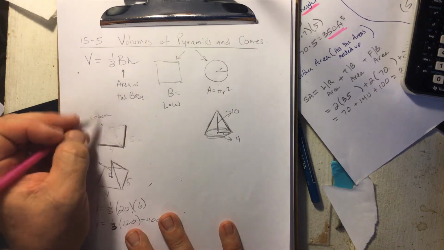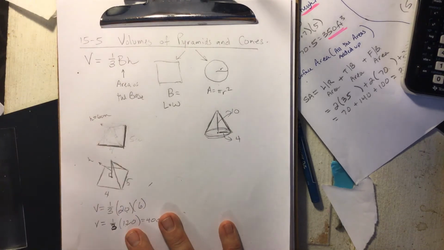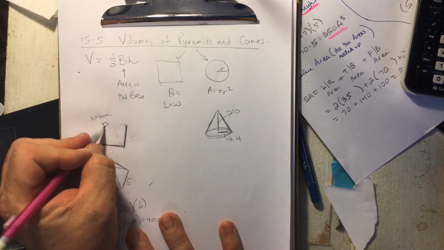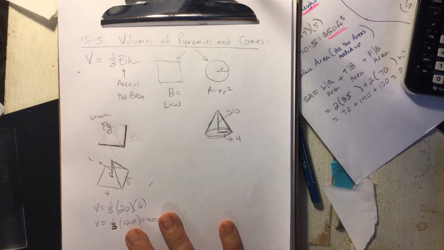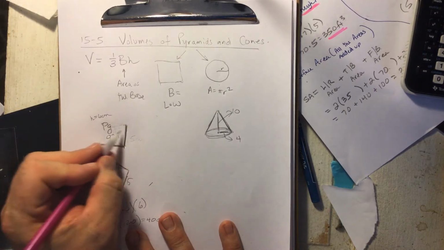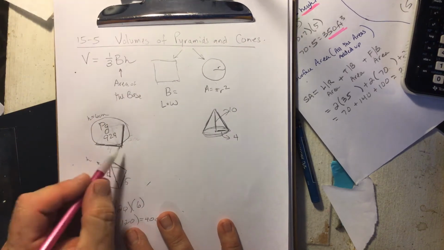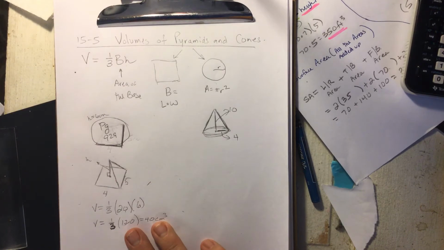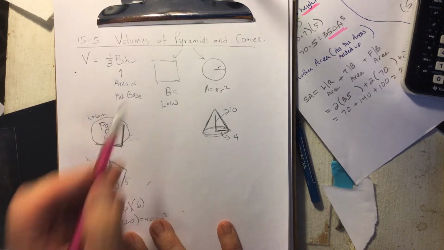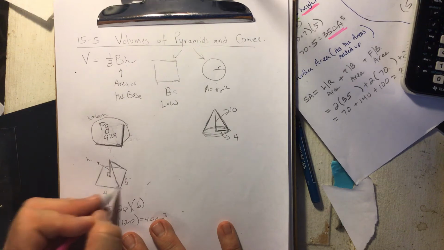So if we're looking at this and we have a pyramid, if you want to see a good one, page 927. That's where this picture is really good. So what we really need, though, is we need the base and we need the height. Now, I can draw it with just one side.